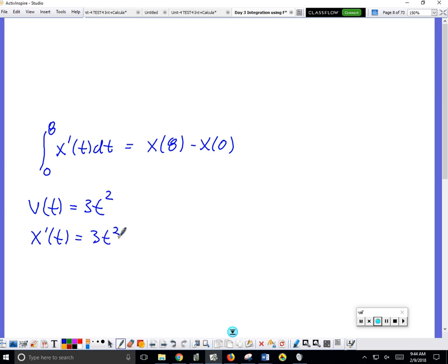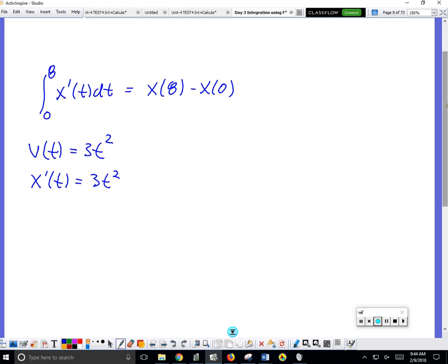What this is telling you is, if you're trying to find the integral of this, one way to do it would be to type into your calculator the integral from 0 to 8 of 3t squared dt. Understand? Awesome.